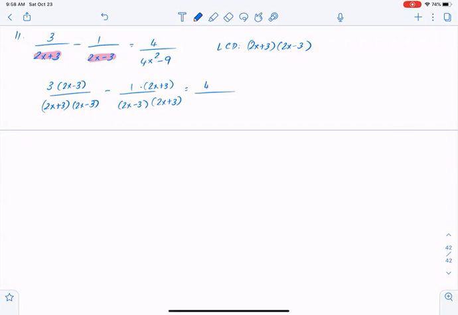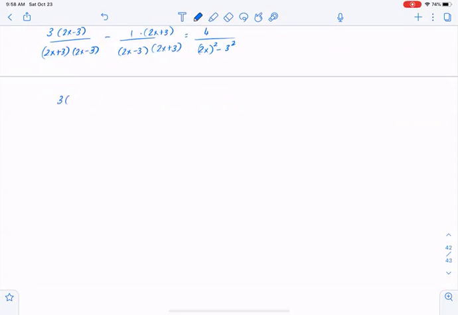And we should realize that the denominator on the right-hand side, 4x squared minus 9, is nothing but 2x squared minus 3 squared, which is of the form a squared minus b squared. So I can write it as a plus b times a minus b.